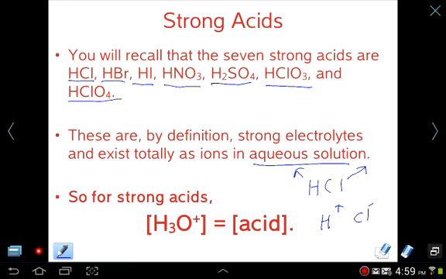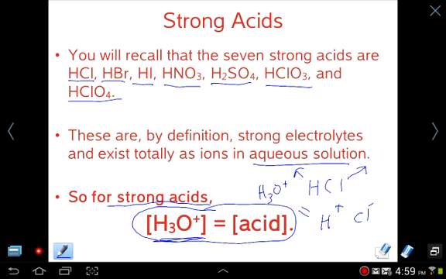But because hydrogen ion is really the same as H3O plus, hydronium ion, for strong acids the hydrogen ion concentration is the same as the concentration of the acid, because every little amount of acid breaks completely apart into H3O plus.